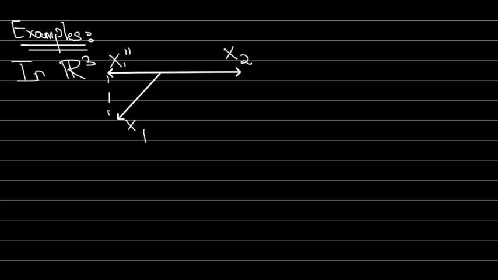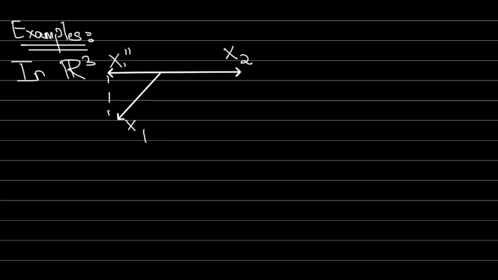If you look at this diagram with two non-collinear vectors, they're always going to form a plane, and if that is the case, then they are linearly independent.